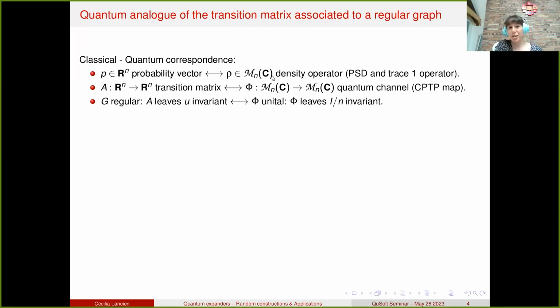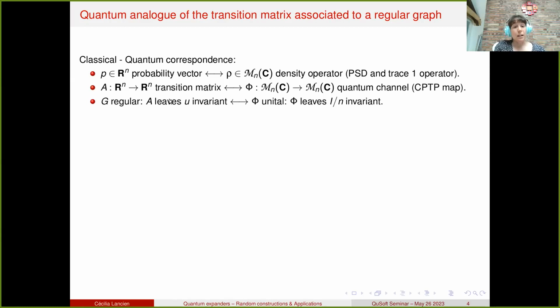In the quantum world, these are density operators rho in M_n(C), positive semi-definite n times n matrices that have trace 1. Classically, we looked at transition matrices sending probability vectors onto probability vectors. In the quantum setting, these are quantum channels on n times n matrices sending density operators onto density operators, so completely positive and trace preserving maps on M_n.